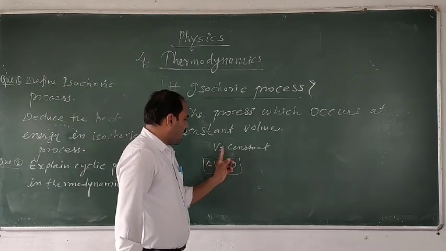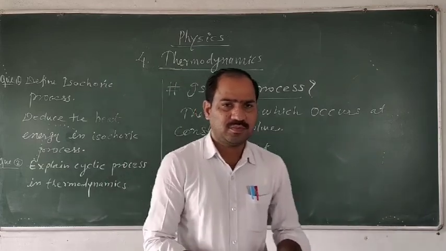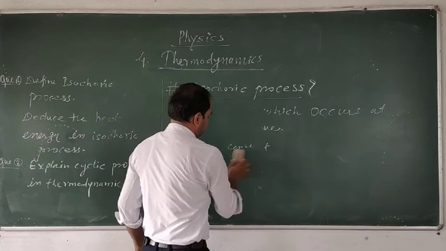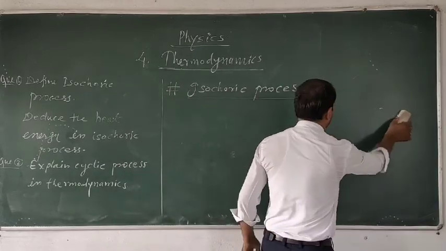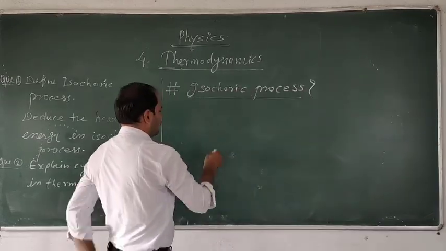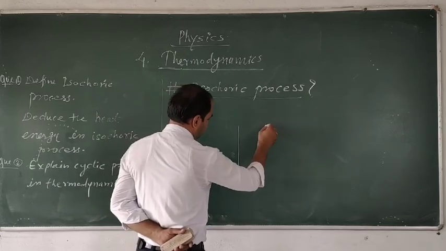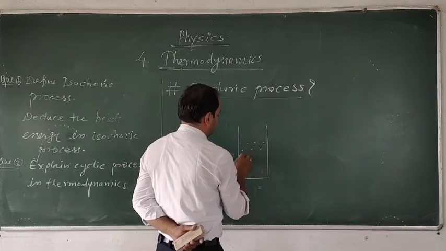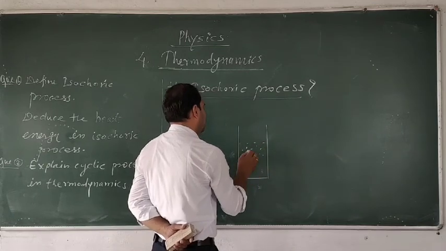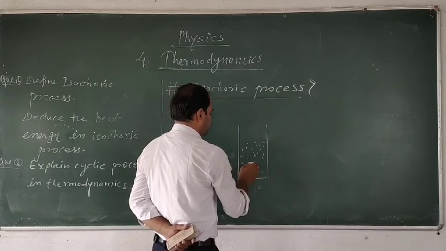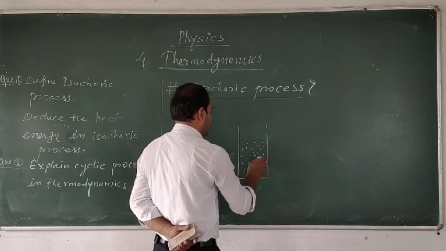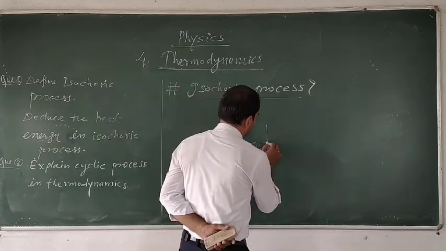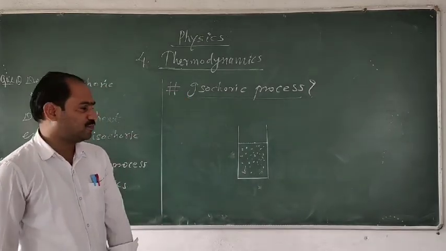As the volume is kept constant, suppose I am drawing the diagram of the isochoric process. Suppose this is the system containing the ideal gas, having particles that are again called molecules, with n moles of the ideal gas.